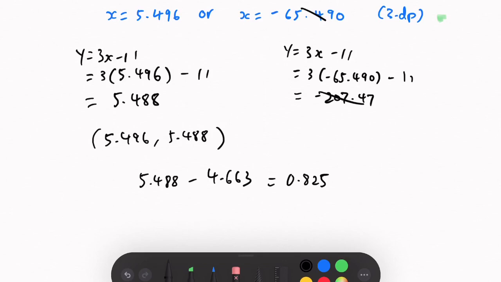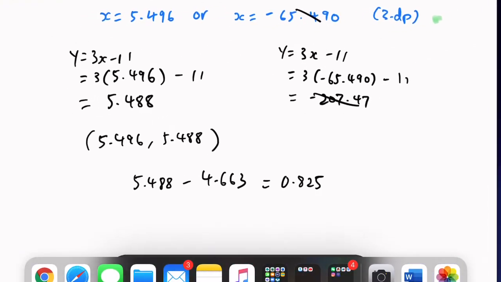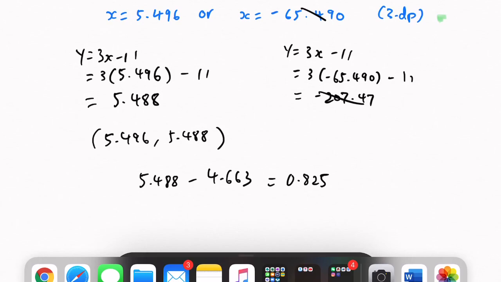And that's all you need to do for that task, part A.